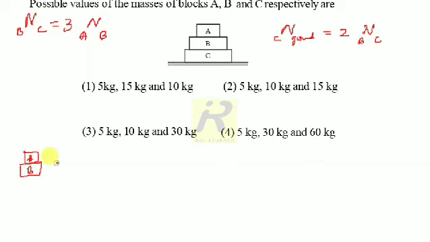So weight of A is acting on B like this. It is MA into G. So block B will react on A upwards. So that reaction is NAB, normal reaction on A due to B, that is equal to the magnitude of this weight.